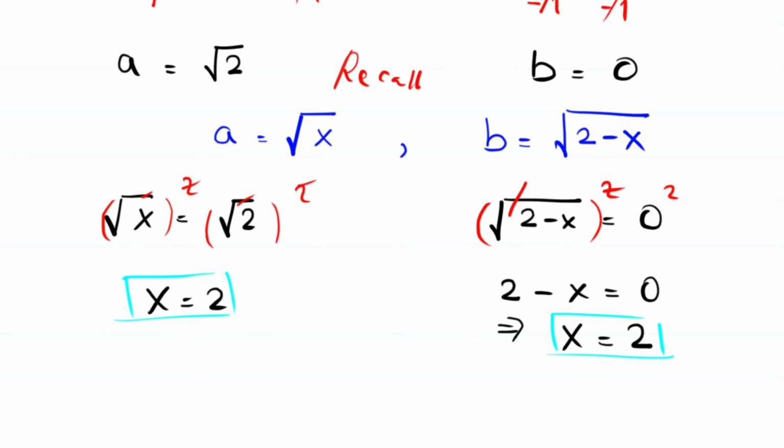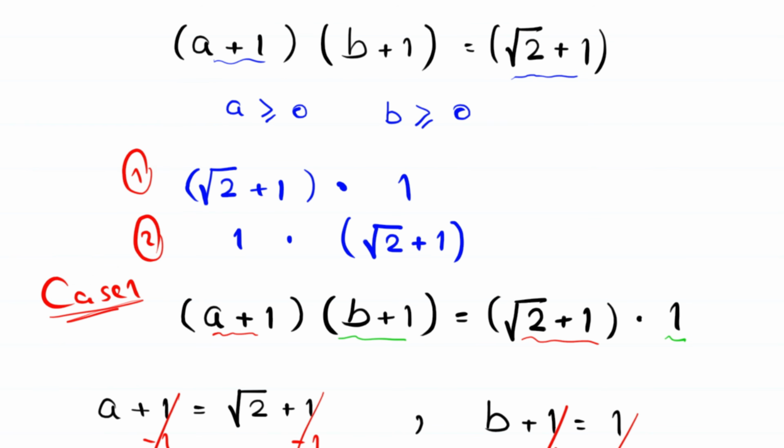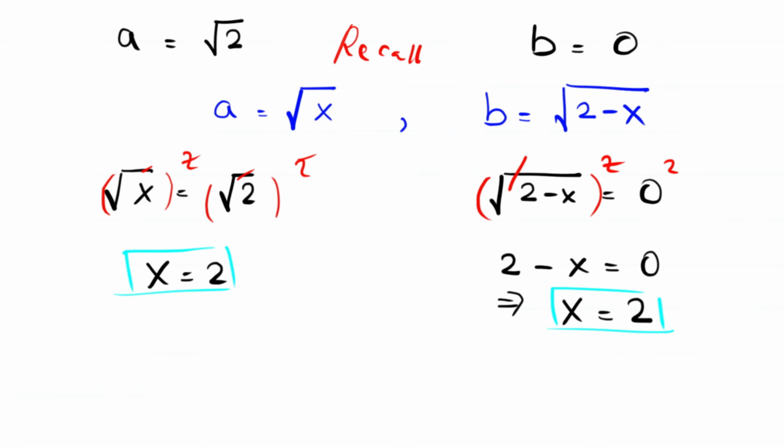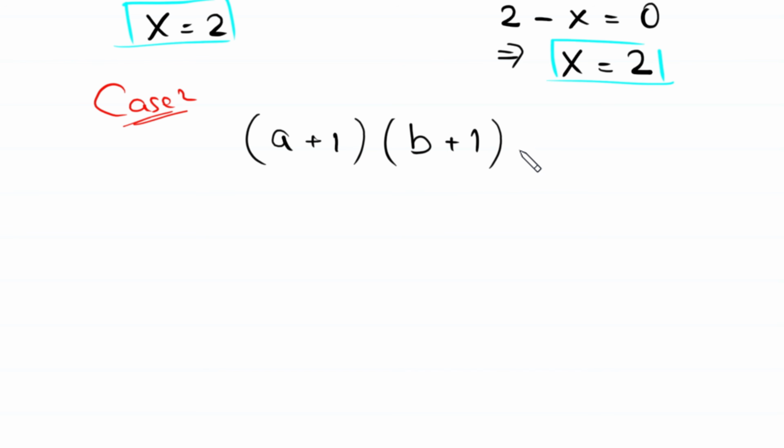Now we solve the second case. In case number 2 we write the factors a plus 1 times b plus 1 equal to 1 times root 2 plus 1. So a plus 1 will be equal to 1 and b plus 1 will be equal to root 2 plus 1.